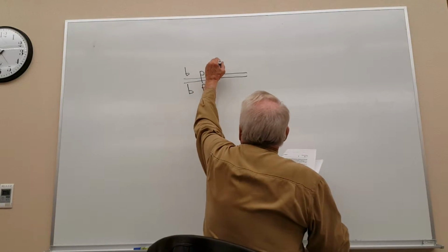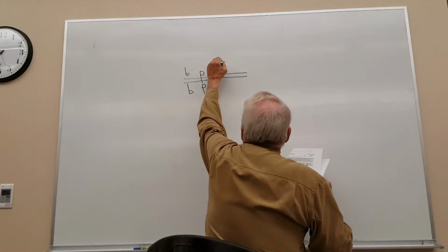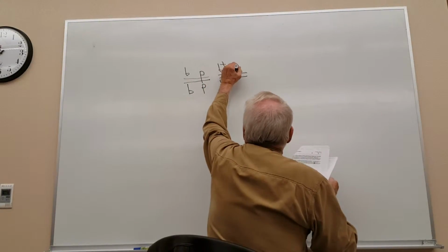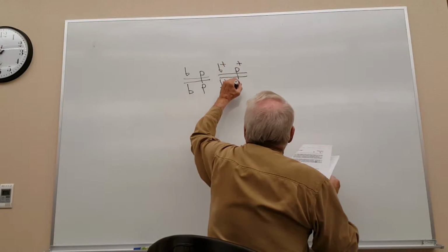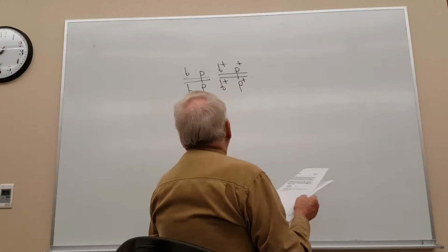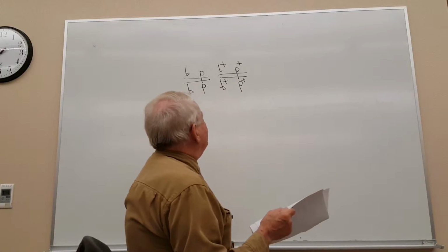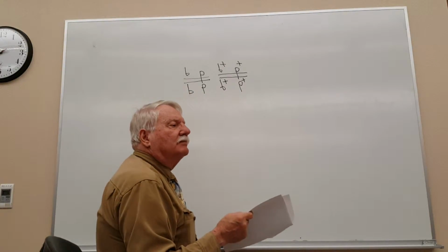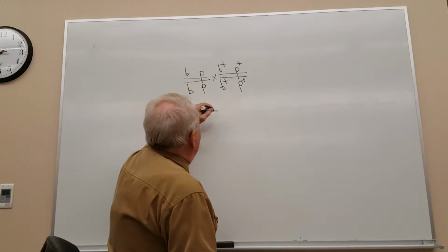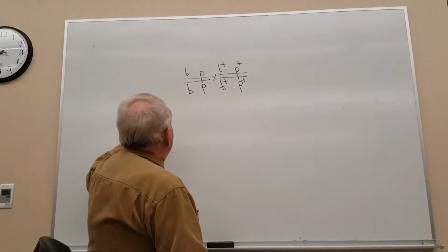So we're going gray body, okay? And this is your classical F1 cross, where you have homozygous recessive with homozygous dominant. And you'll only get one offspring out of this.